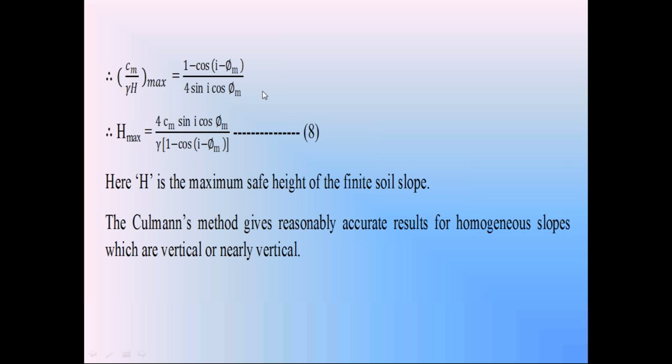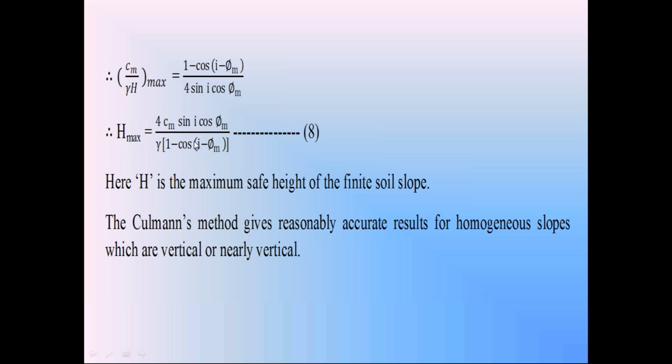Then from this equation, simplifying for the maximum height, h maximum is equal to 4 cm, that is the mobilized cohesion per unit length, into sin i into cos phi m divided by gamma into (1 minus cos (i minus phi m)), equation 8.